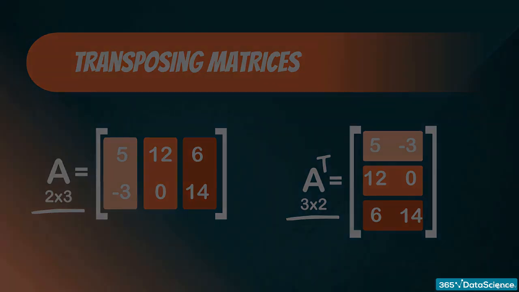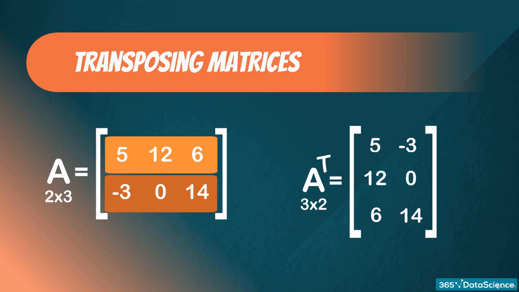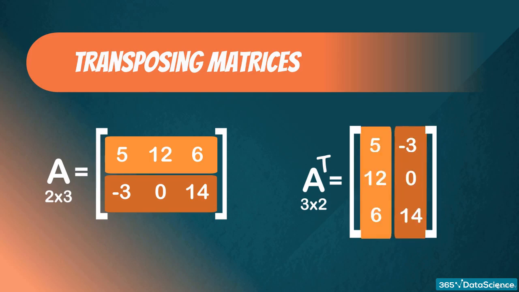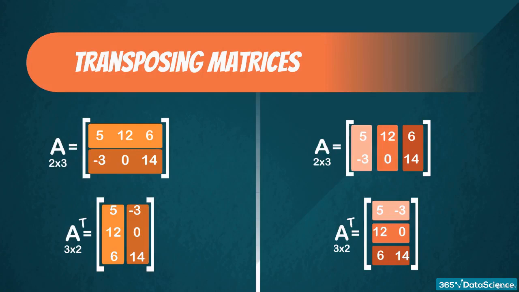The initial matrix A is nothing more than a collection of two row vectors, 5, 12, 6, and minus 3, 0, 14. Transposing the matrix A means transposing each of those vectors and putting them back together. So transposing matrices is nothing more than transposing a bunch of vectors.